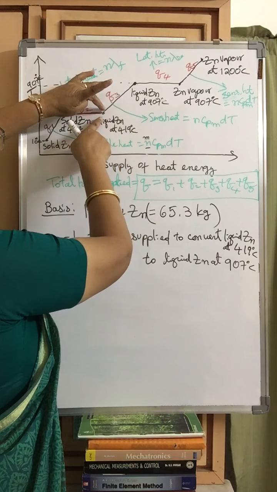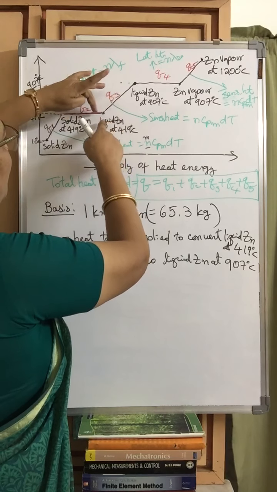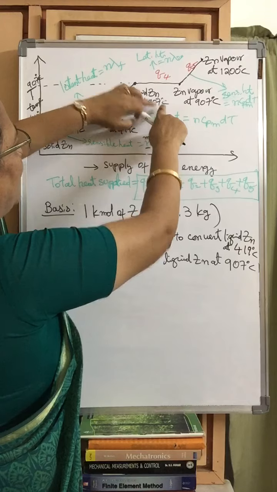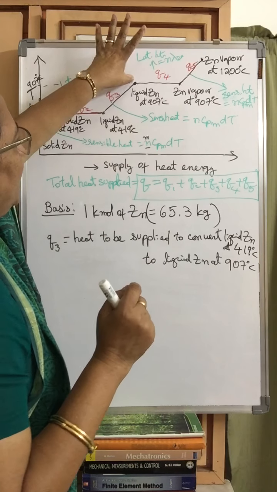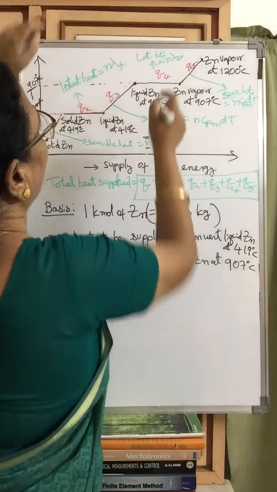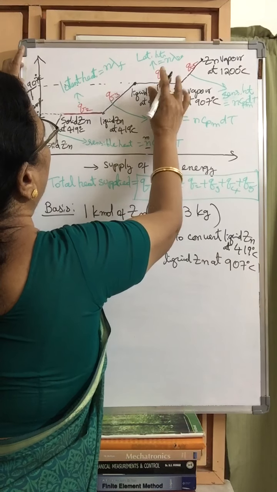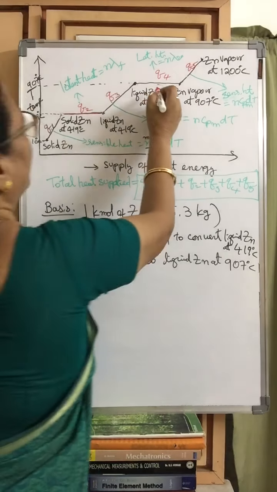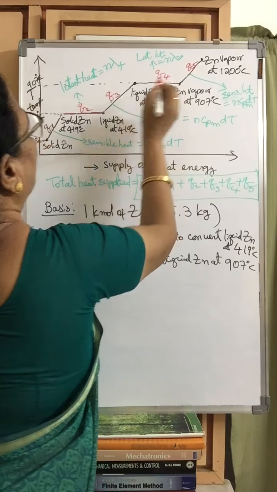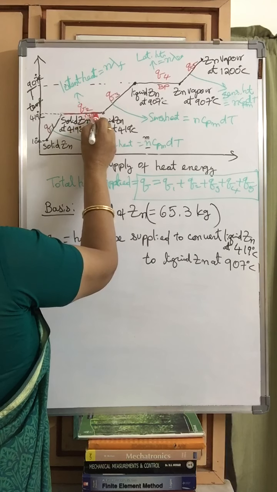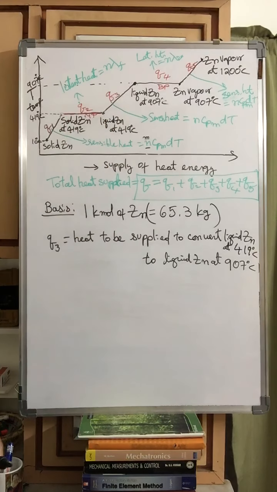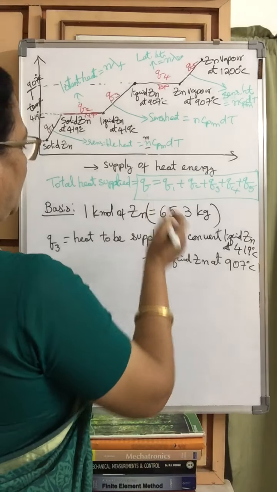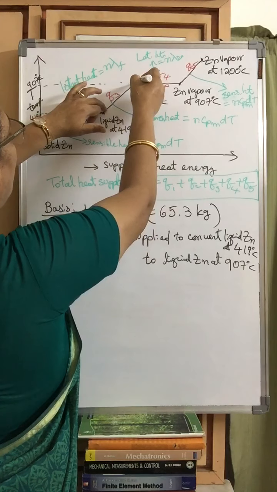We have liquid zinc at 419, and we need to heat it to liquid zinc at 907, up to its boiling point, where it can exist in the liquid form. This is the boiling point and this is the melting point. So Q3 is from here to here.